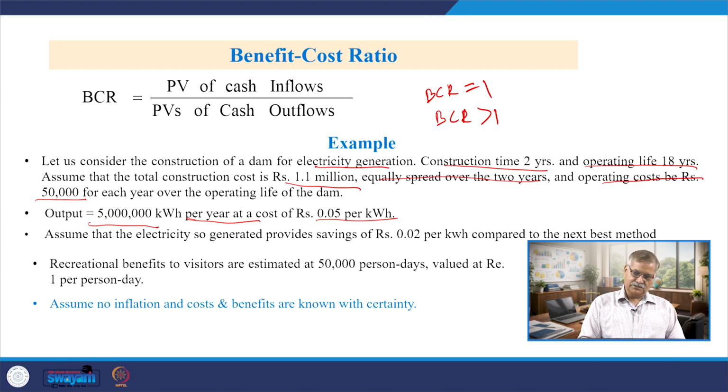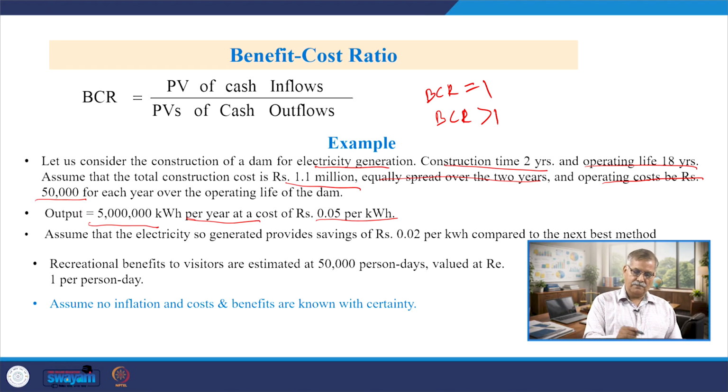Assume that the electricity so generated provides savings of 0.02 per kWh compared to the next best method. We can estimate the cost and benefit analysis of the dam project.